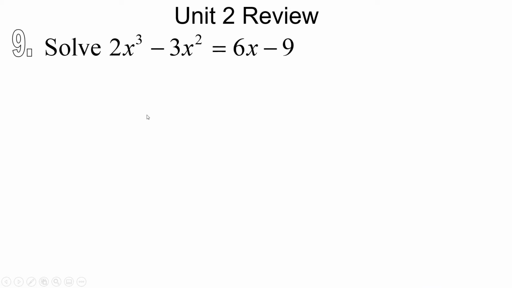Okay, number 9. Solve 2x to the third minus 3x squared equals 6x minus 9. So remember when we did our various methods of solving polynomial equations. Well, before we begin to determine the method, we better put this in general form. So I'm going to do the general form of a cubic equation. This is cubic, which means I'm just going to get everything on one side.